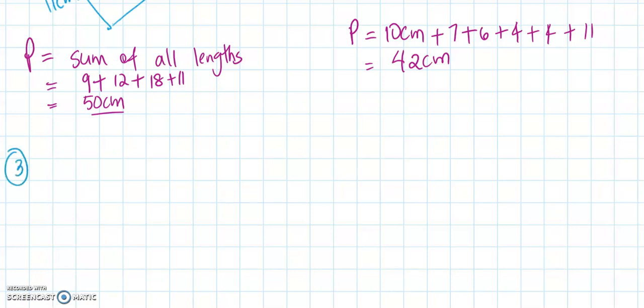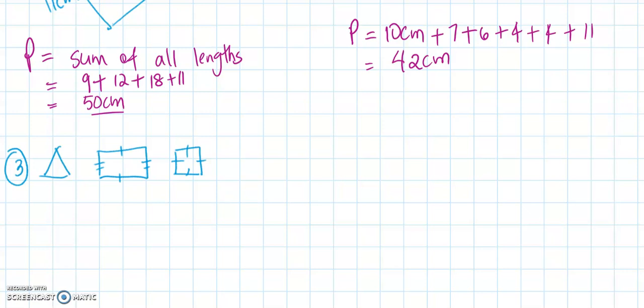Now we move to the other type of example where they're just common shapes. Some of the common shapes that we have are triangles, rectangles or a square.